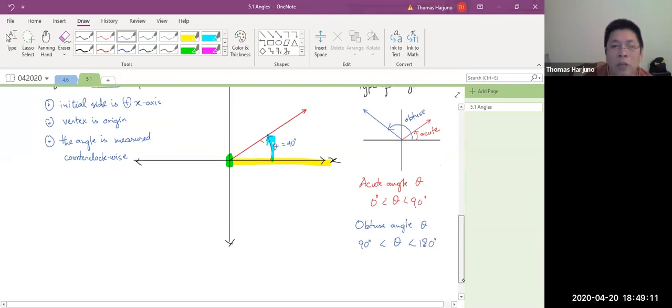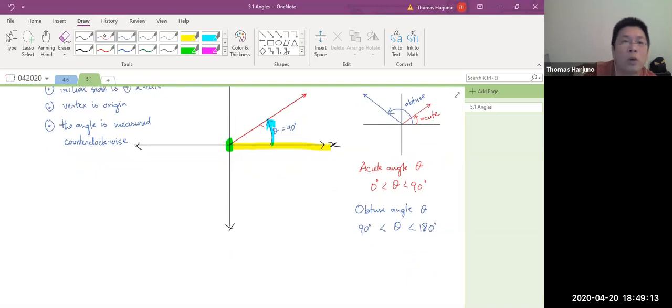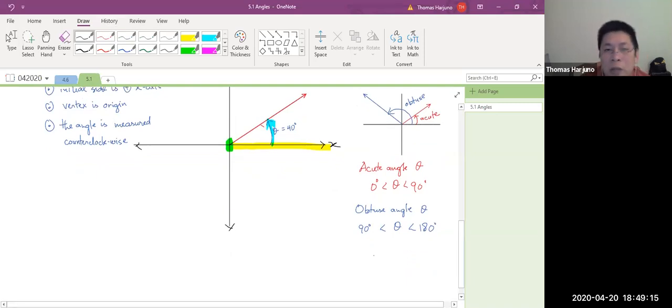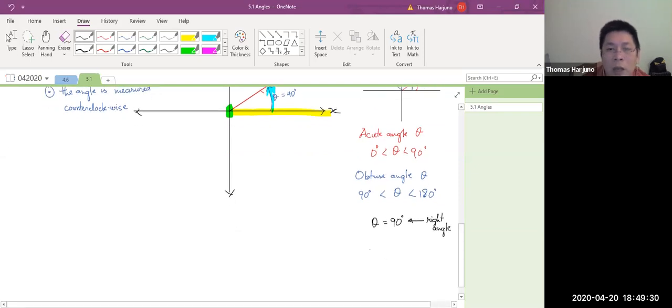Now of course, I hope you remember what we call the angle if it is exactly 90 degrees. We call that a right angle. What if theta is 180 degrees?